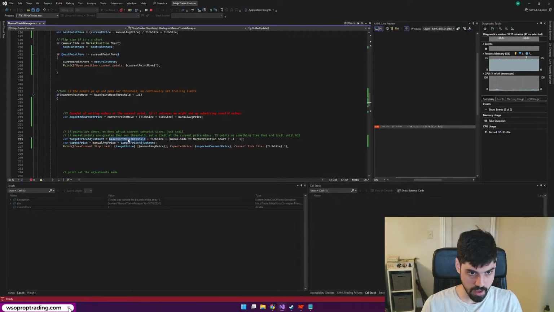So that should just be like, okay, this value here, target price adjustment, can be applied to the current price. But we don't want to apply it to the current price. We want to look at the price we bought in at and adjust based off of that price.